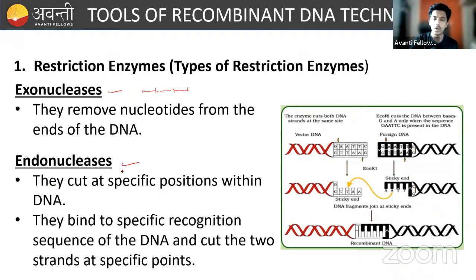Restriction endonucleases are of three types: type 1, type 2, and type 3. Within endonucleases, we use type 2 majorly. In all cases, we use type 2 restriction enzymes only. So why don't we use type 1 and type 3?